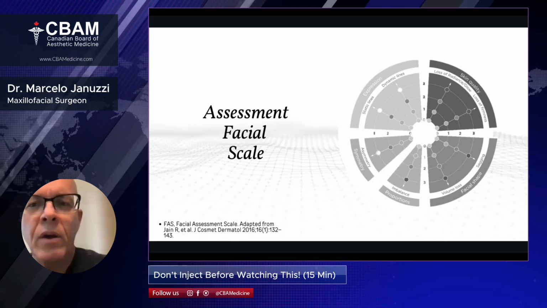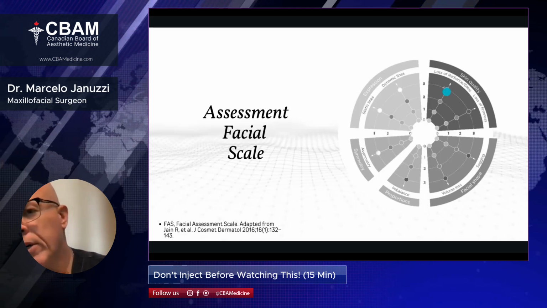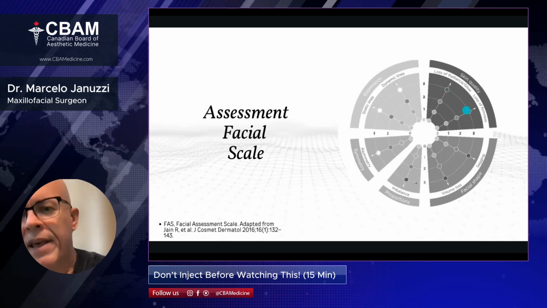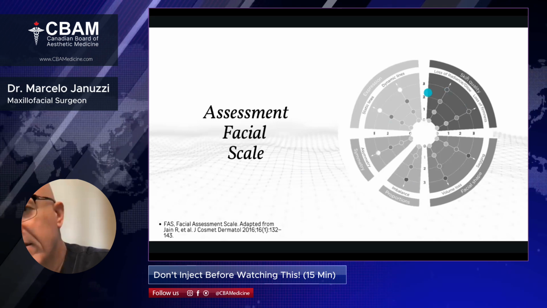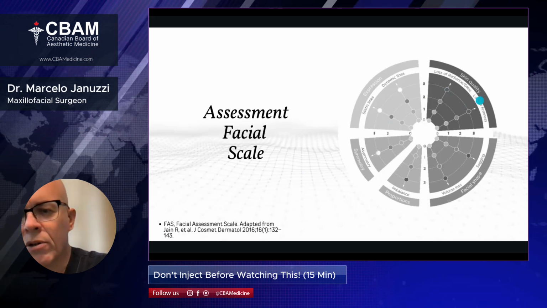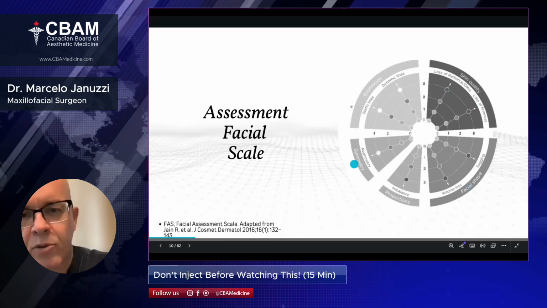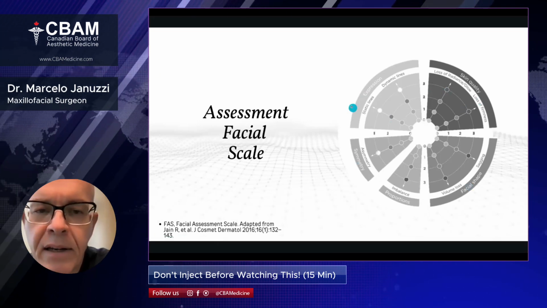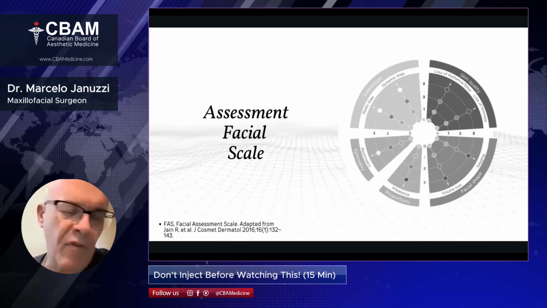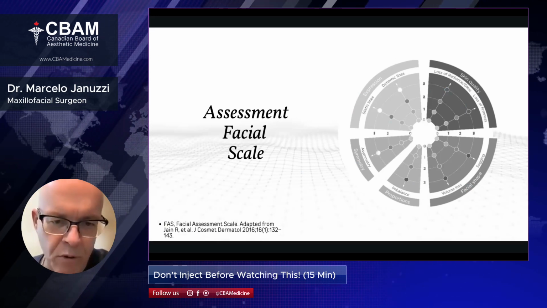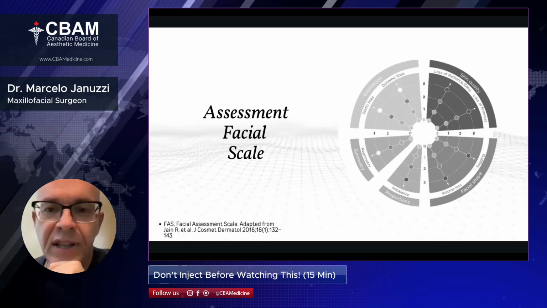So the patient and we together can mark these little balls and classify the patient in skin quality, facial shape, proportions, symmetry, and expression. So we can determine the main concerns of patients when they are looking for aesthetic treatment.